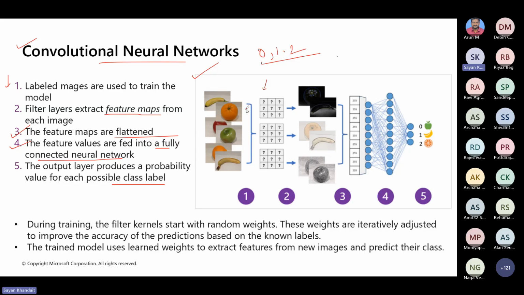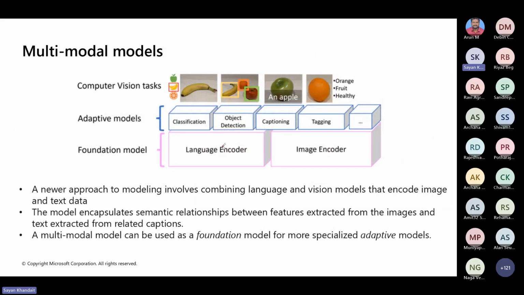But convolutional neural networks are no longer used in vision models. The modern-day computer vision models make use of a language encoder and an image encoder. Why so? Because the language encoder and image encoder, both combined together, make the model training process much simpler in nature.